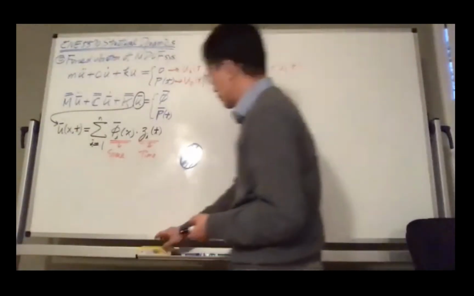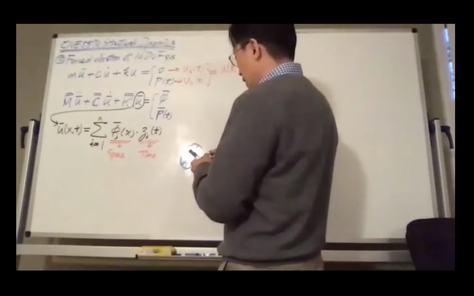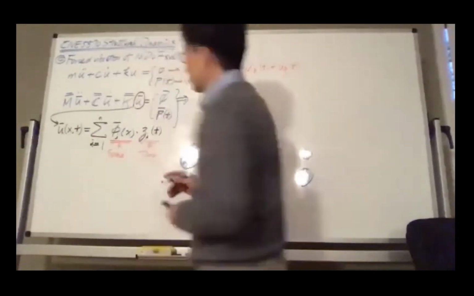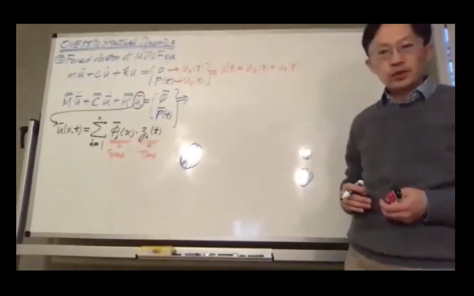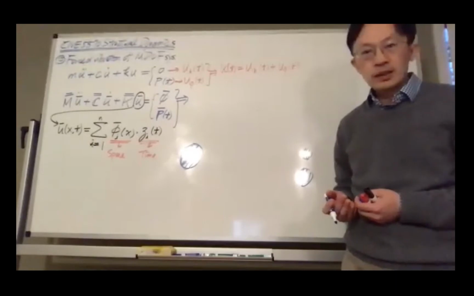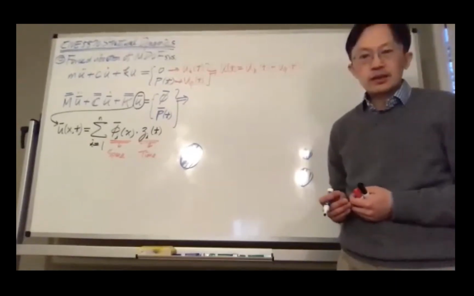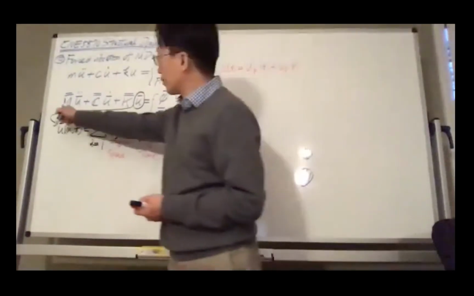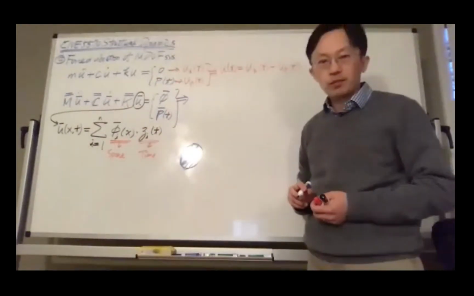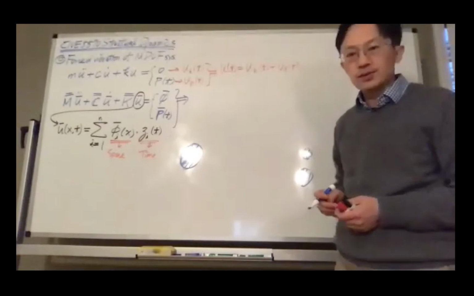First of all, there are different approaches depending on the type of problems. Suppose we consider the general condition, which means that you have mass, stiffness, and damping, all three of them. We consider damped systems.